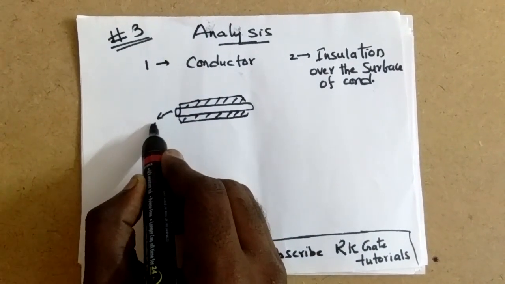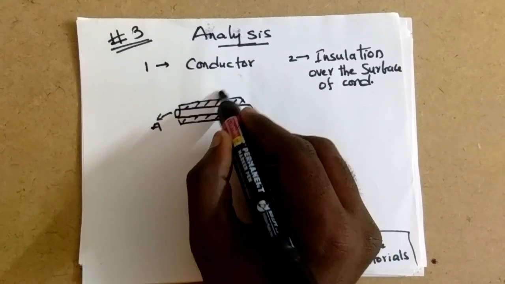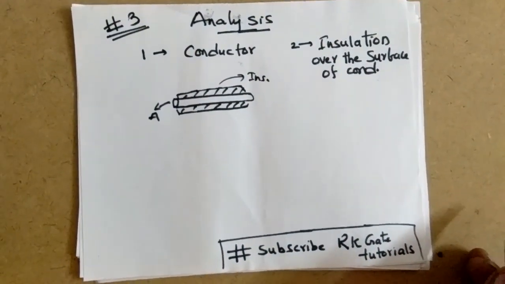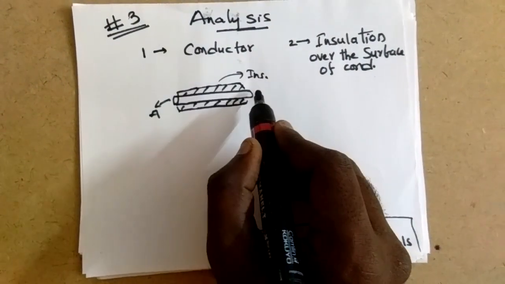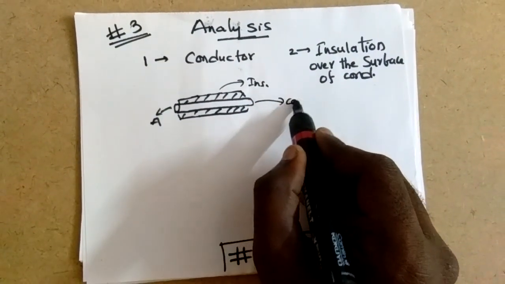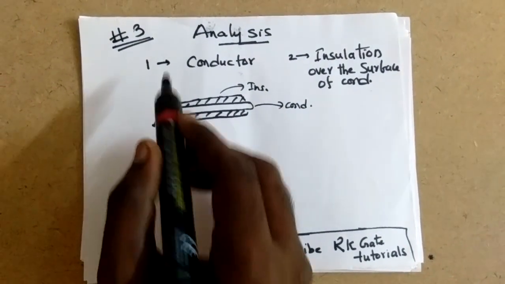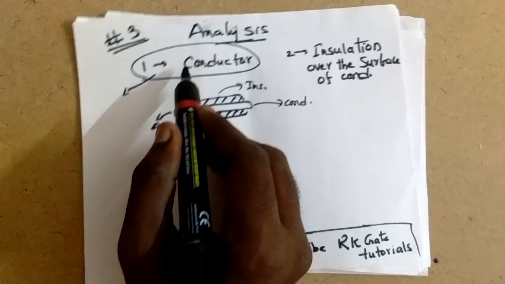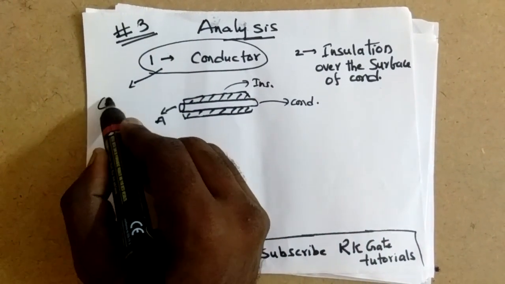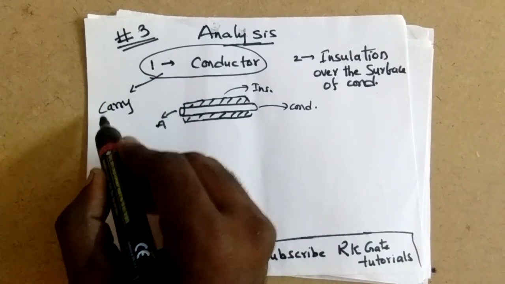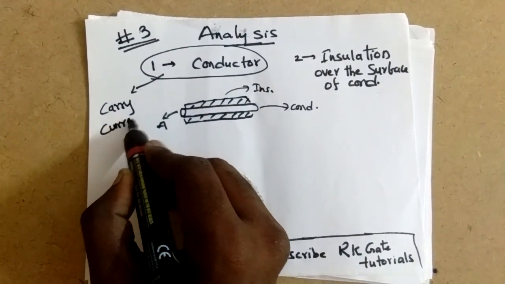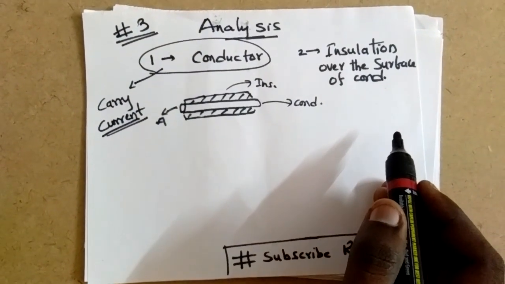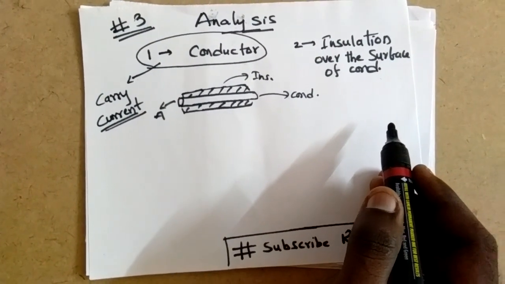This is the area of cross section, and this is insulation. Now, what is the purpose of this conductor? The purpose of the conductor is to just carry current.